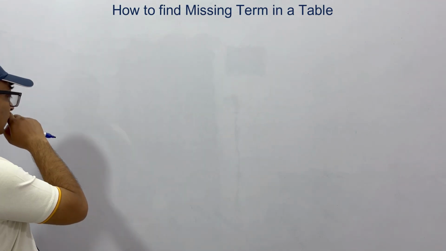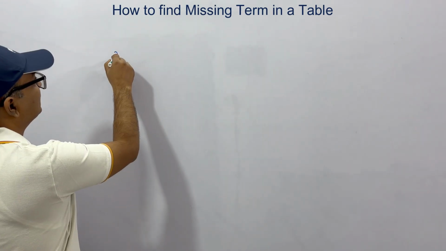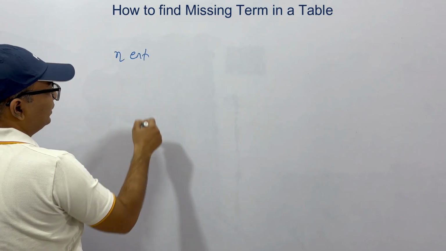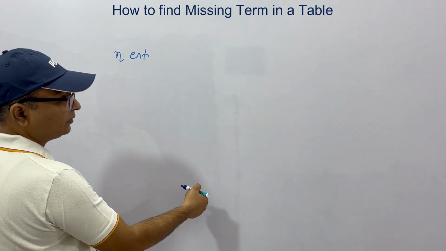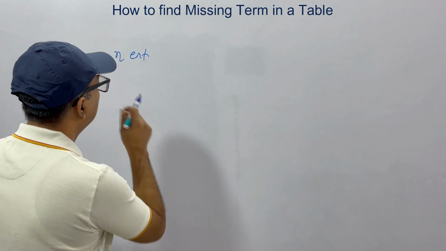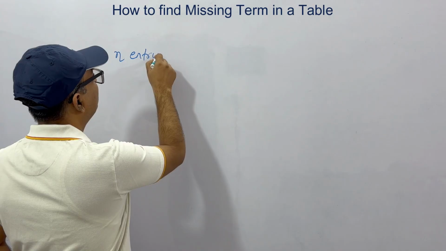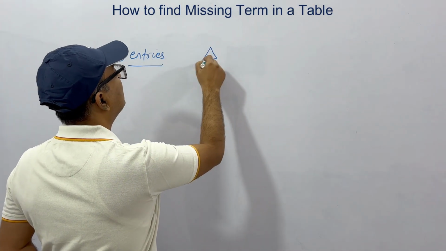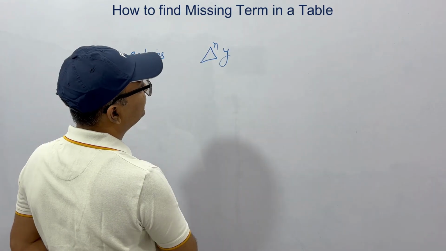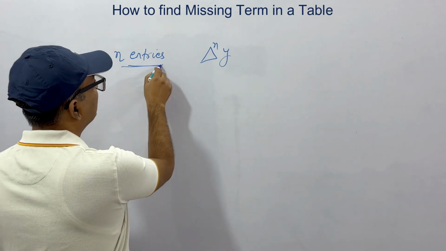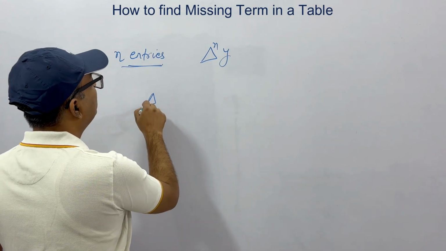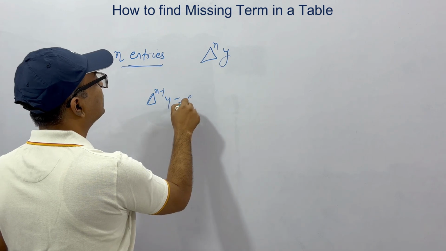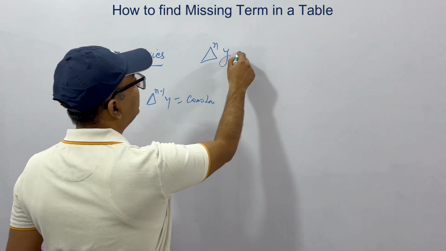The first method: if we have n entries given, like here we had three values given, three entries given, and we had to find one entry. So if n entries are there, then delta n minus 1 y will be a constant and delta n y will be 0.